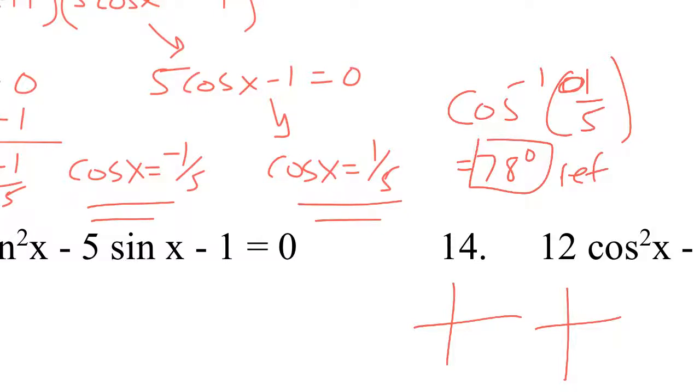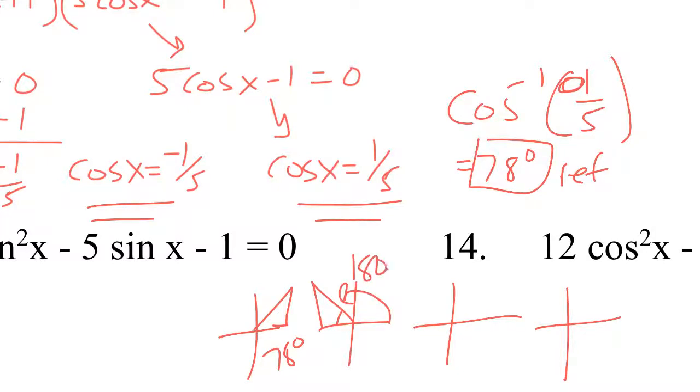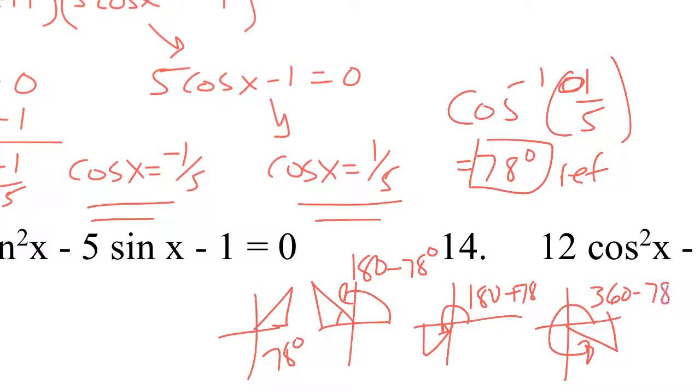In other words, all 4 quadrants. 78 degrees in quadrant 1 is 78 degrees. 78 degrees in quadrant 2 would actually be 180 minus 78. 78 degrees in quadrant 3 would actually be 180 plus 78. And 78 degrees in quadrant 4 would actually be 360 minus 78.